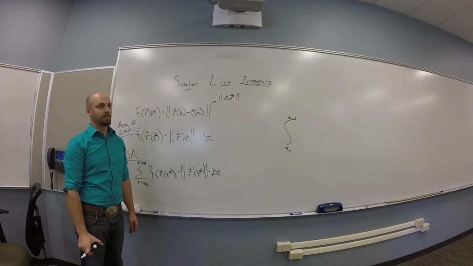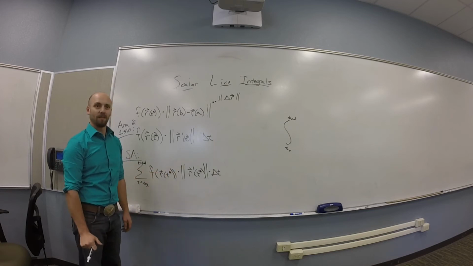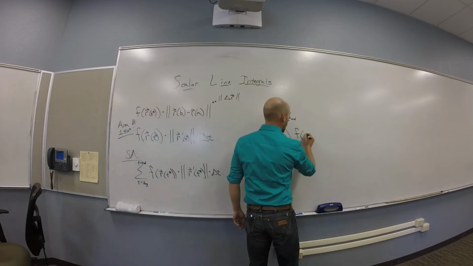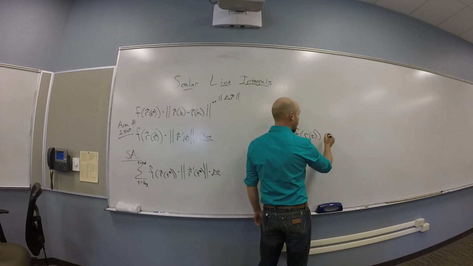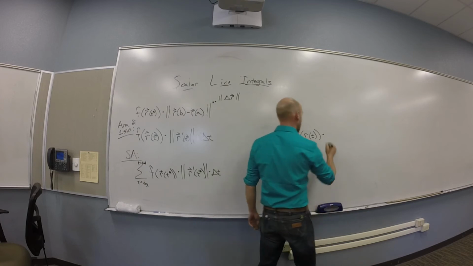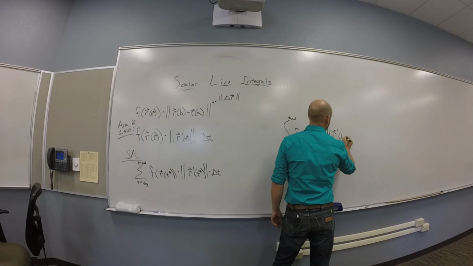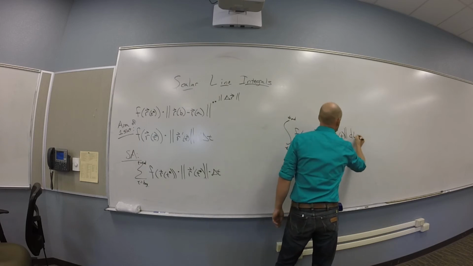Right? And then what are we going to be integrating? This stuff. So there's going to be f of r of t times the magnitude of r prime of t dt. Perfect.